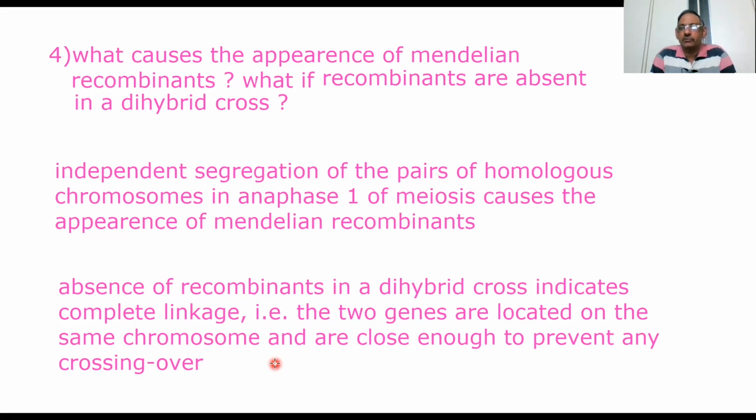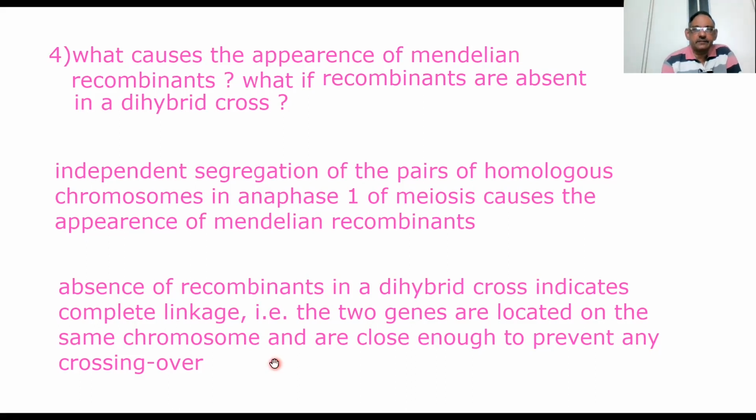You don't get recombinants. You get recombinants either by anaphasic segregation, in which case the recombinants are called Mendelian recombinants. Or if you are testing linked genes located on the same chromosome, you could still get recombinants, and these recombinants are possible due to crossing over. Crossing over, we all know, occurs in pachytene stage. So crossing over results in gene recombinations, and the anaphasic segregation results in Mendelian recombination.